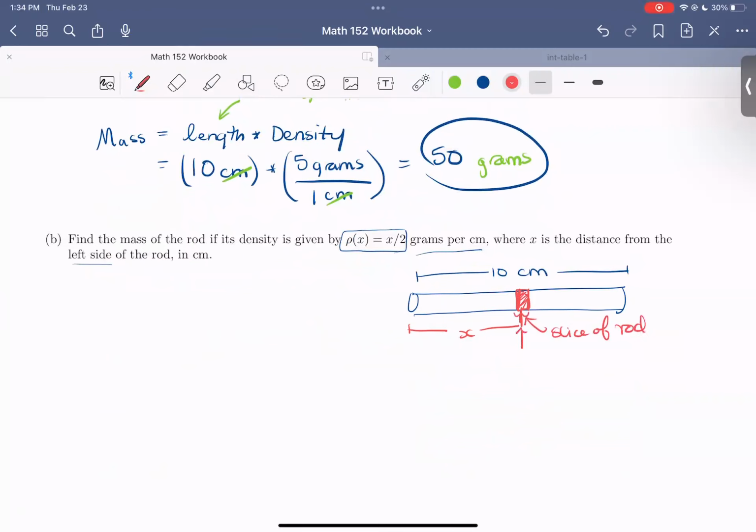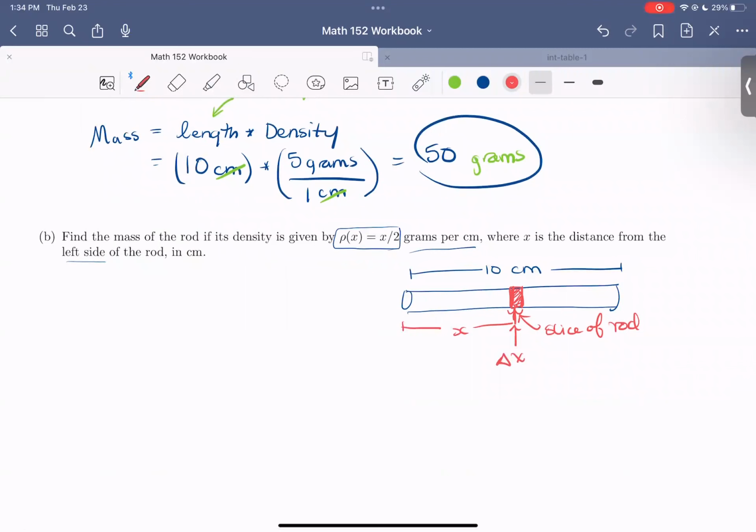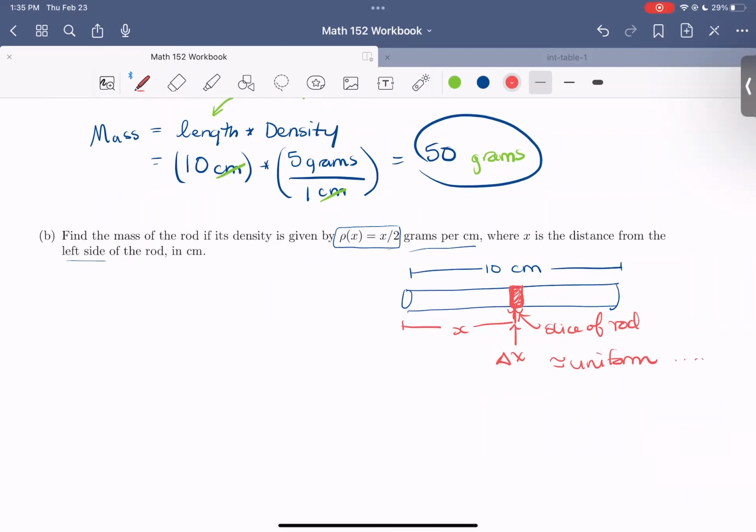I'll call this thickness delta x, change of x. It's going to be so small that this little slice is practically uniform. So it practically has uniform density in this whole little tiny slice. So this whole slice has the same density, and that density is equal to rho of x.